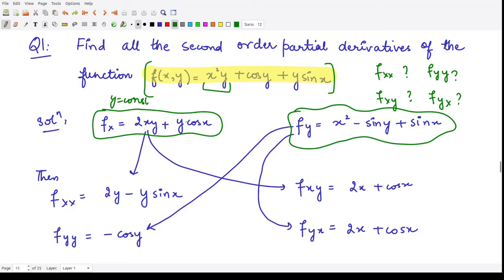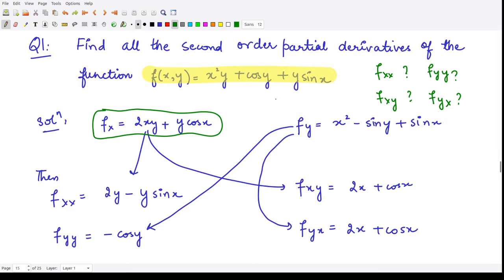Next we will compute fy, the first derivative with respect to y. Here we will keep x as constant. So fy would be equal to this quantity. See how?